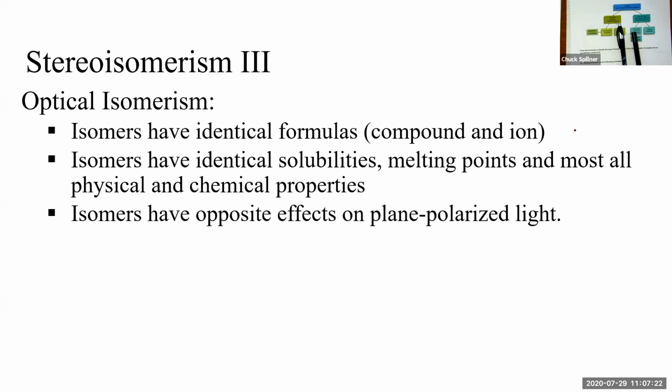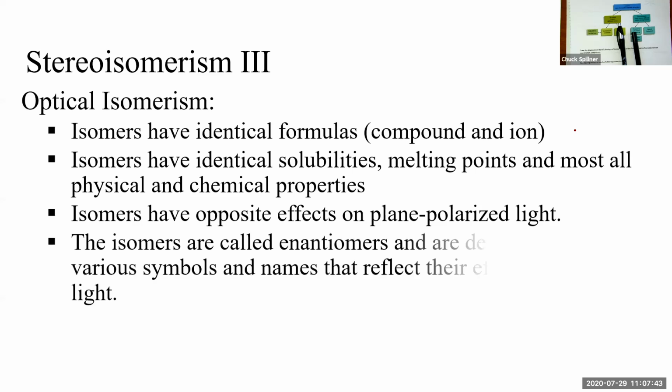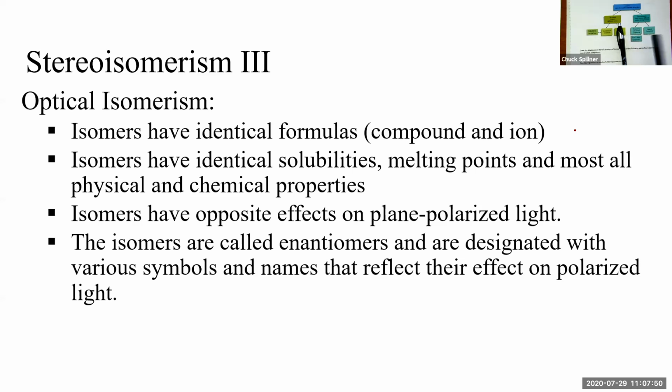It turns out that optical isomerism occurs commonly in biological systems, and that's how they were discovered. A chemist studying compounds obtained naturally from biological systems discovered this optical isomerism. They're called enantiomers. So we have a name for these optical isomers, but that doesn't tell one from the other.